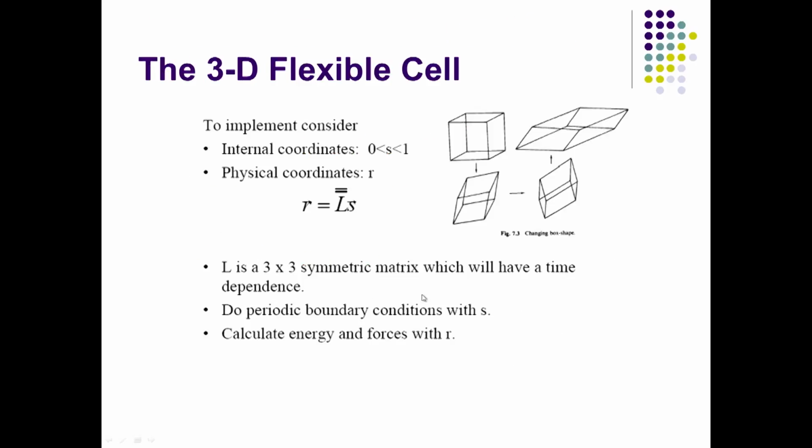If you look at the tensor with the flexible cell as we had looked at earlier, then in the physical coordinate, L is the tensor for the shape of the cell. So, you have 3 dimensions of the cell, and you can look at all that in terms of stress and strain.